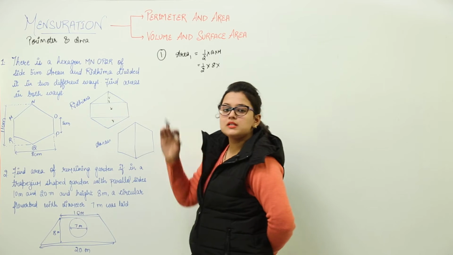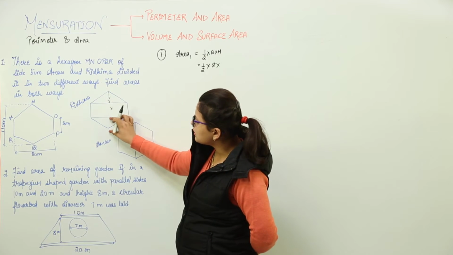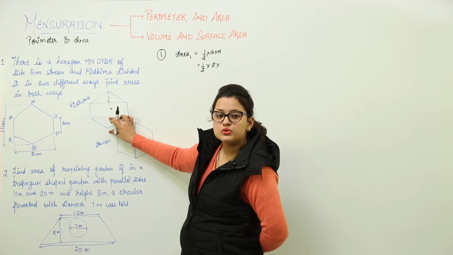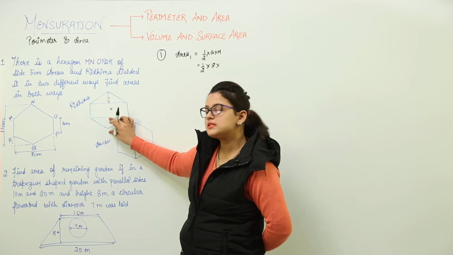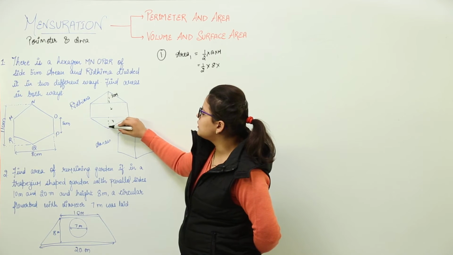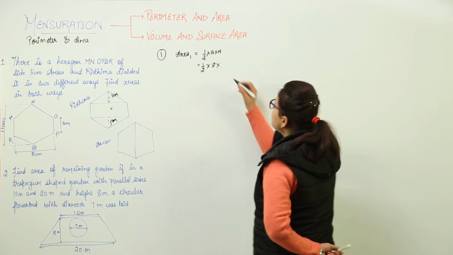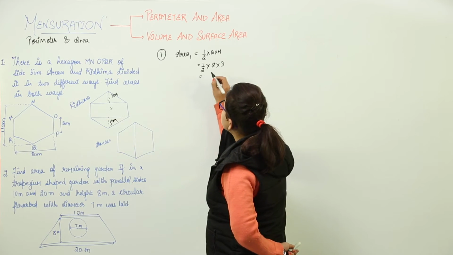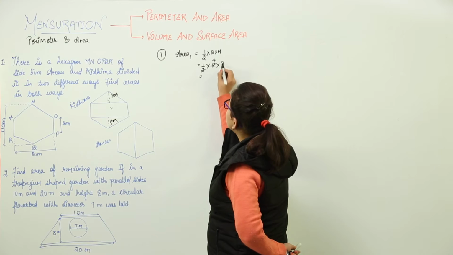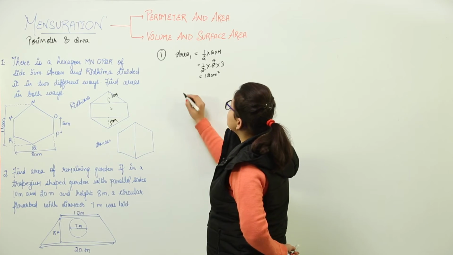Now you have to divide 6 into 2 equal parts, the reason being one part would come here and another part over here. So each becomes 3 centimeters, over here also 3 centimeters. Got it? So now the height of the first shape is 3, and when you solve it you get 12 centimeters square as the area.